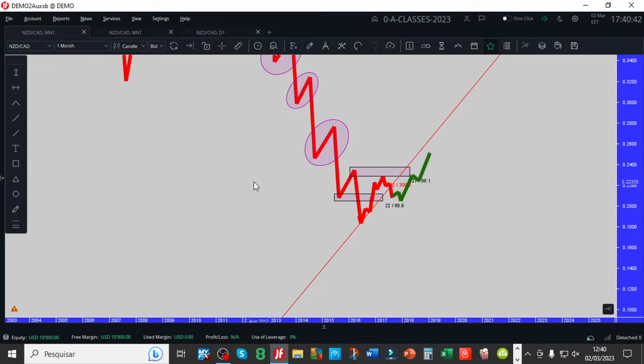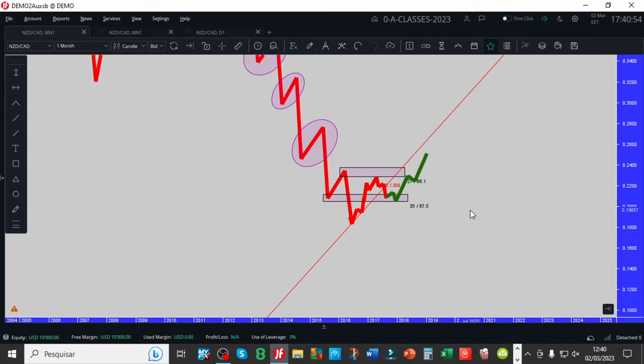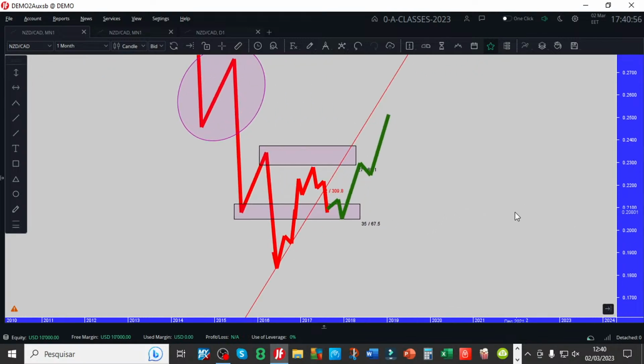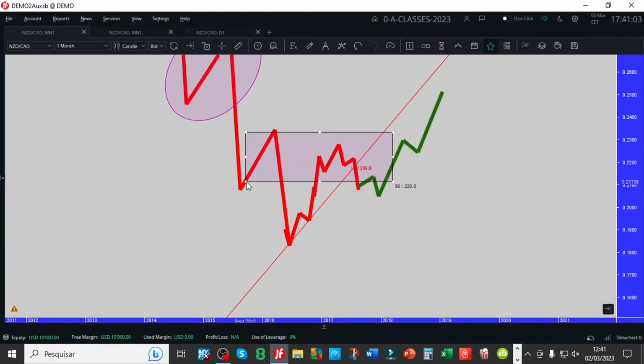Tell me, everyone, when you see something like this, what's the plan now? The market went out of the no trade zone on the downside, making lower lows and lower highs, so the no trade zone is here, right?